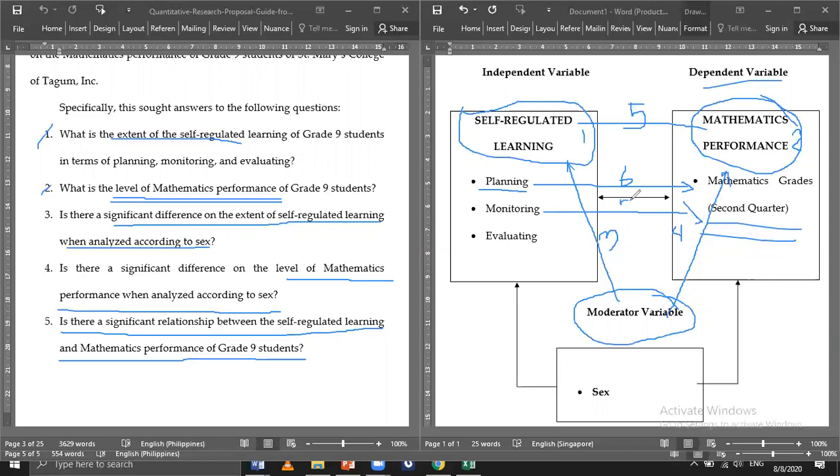That's number 7. You can also ask about the extent of evaluating to mathematics grades or performance. That's number 8. So you create it in a question form that is mostly, is there a significant relationship? Is there a significant difference?